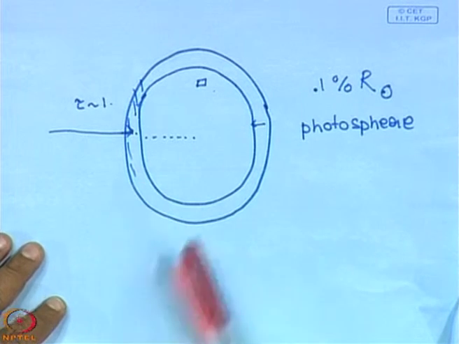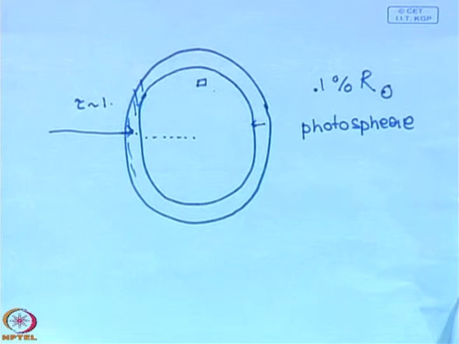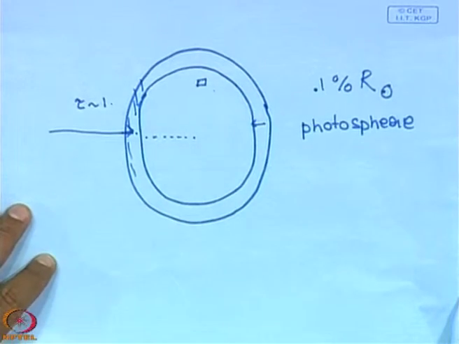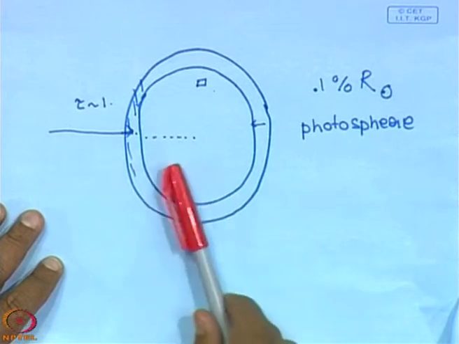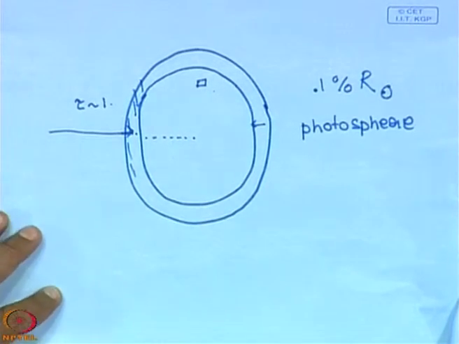So, this is essentially a plasma where the protons and the electrons are free inside this. The total charge is 0, but the protons and electrons are not bound to each other, they are free and they both behave like perfect gases. That is the situation.